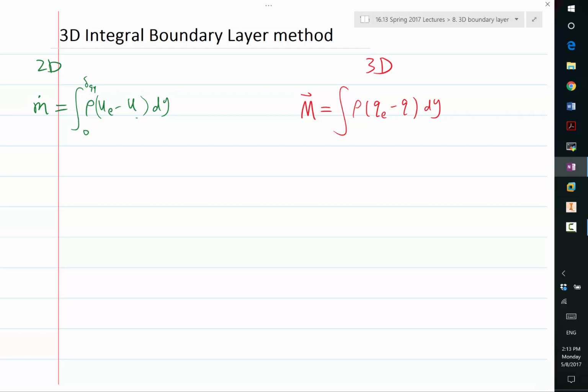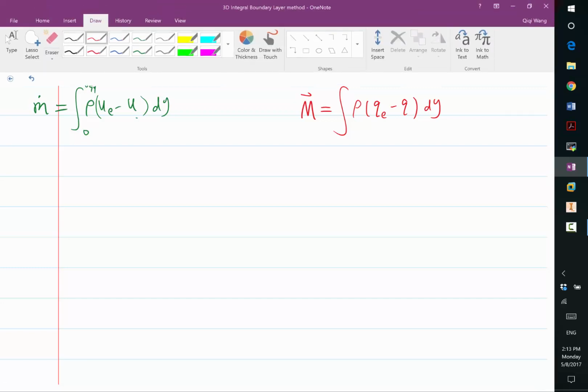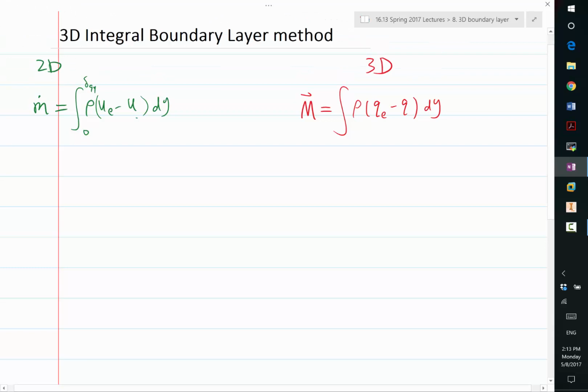And in 2D, the mass defect helps us derive the equation that, in this case we have an ODE, dm dot dx. We use the control volume to do this. We derive that it has to be equal to rho times vi at the wall.